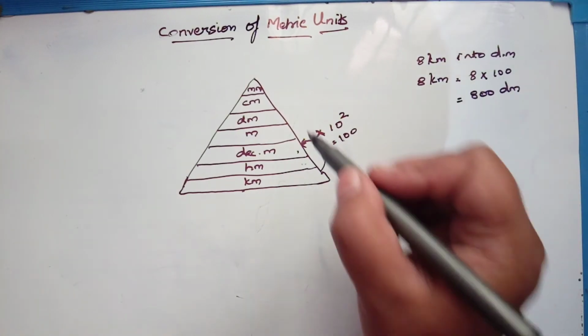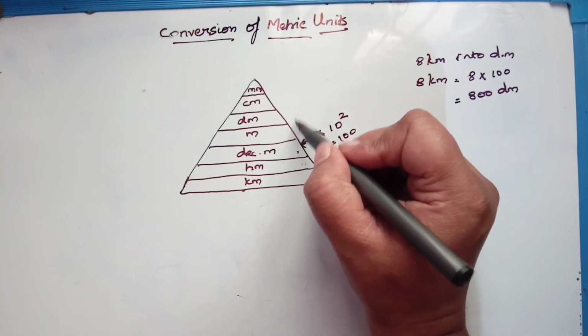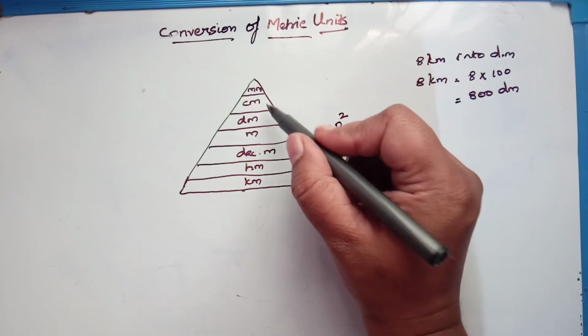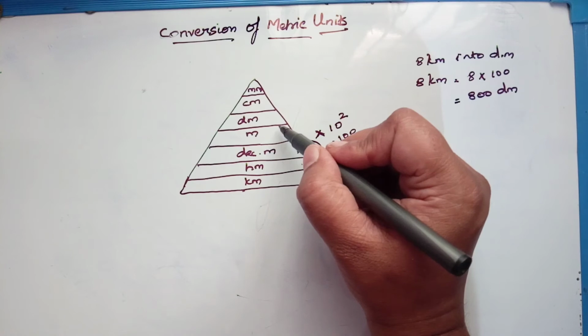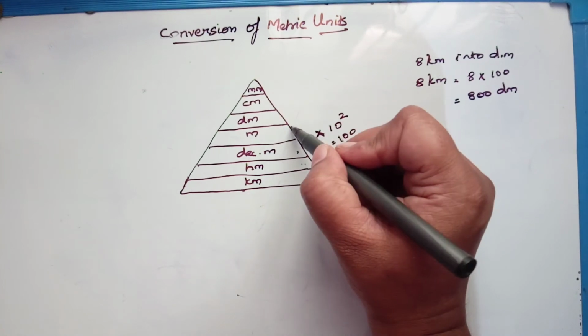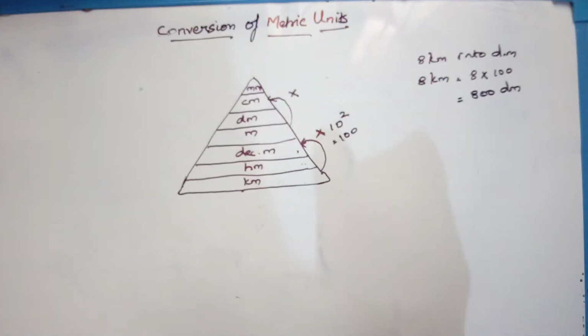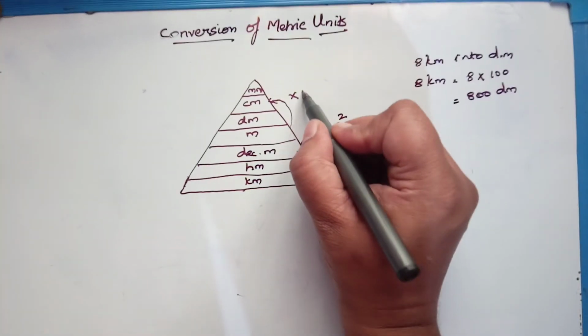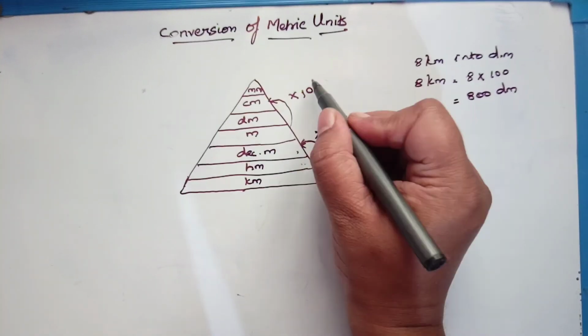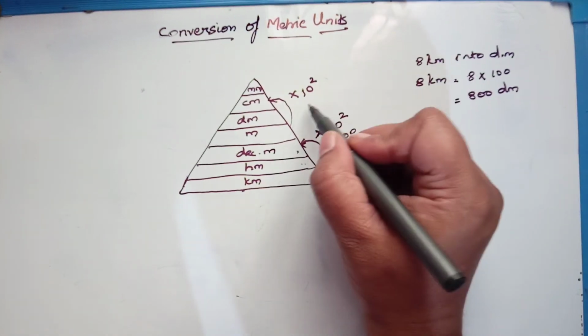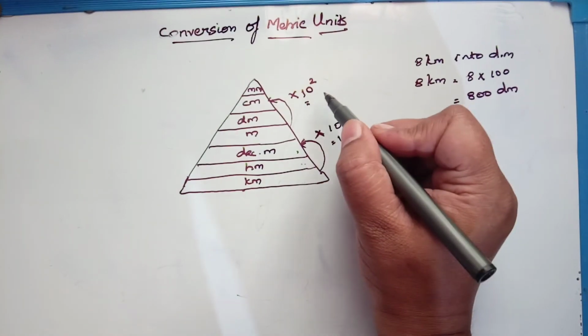Okay, now another example, from meters to centimeters. How many steps do I climb up? 1, 2. When I climb up the steps, I have to multiply by 10 to the power of the number of steps I am climbing up. It is 2, so 10 to the power 2, which is nothing but 100.